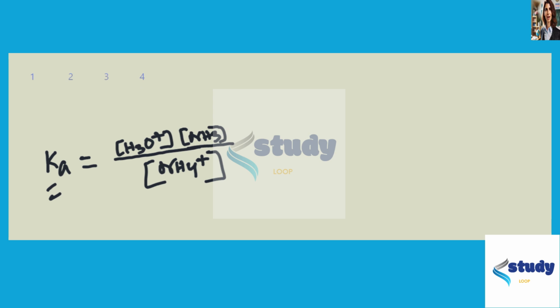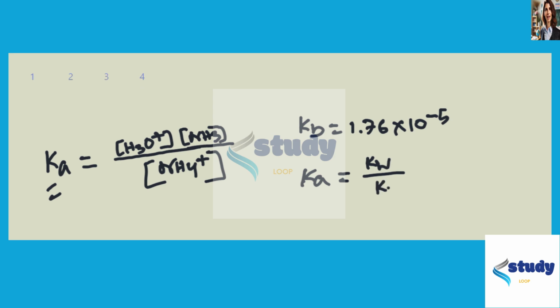So we know the value of Kb for ammonia as 1.76 times 10 to the power minus 5, and we can find the Ka for this reaction by using the relation between Ka and Kb, where Ka is Kw over Kb.